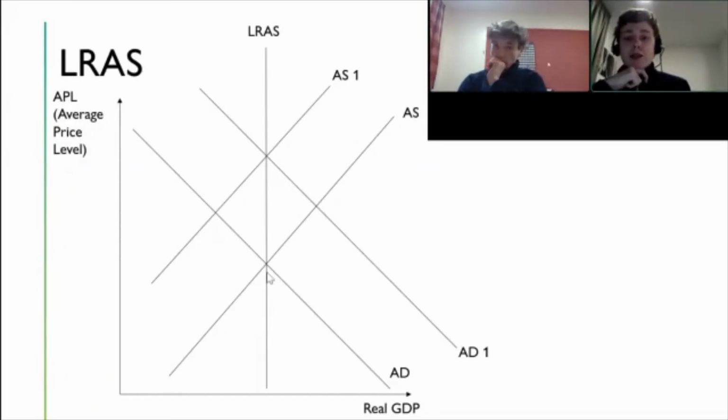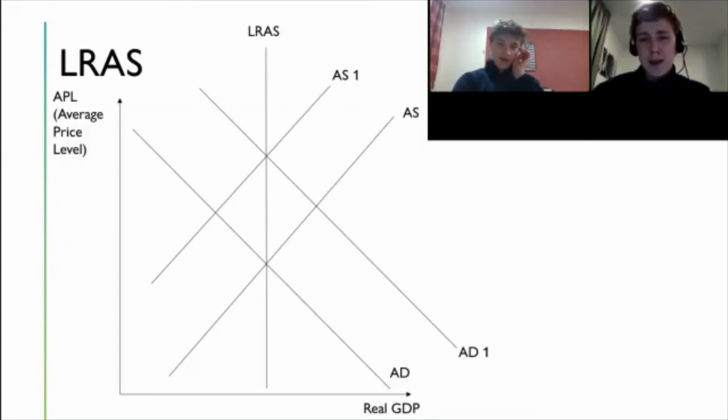Say we have the intersection between AD and AS labelled as point A, the intersection between AS1 and AD1 labelled as point C, and the intersection between AS and AD1 labelled as B, which I know seems rather confusing, and later on we'll reshoot this with proper diagrams and the proper labels.